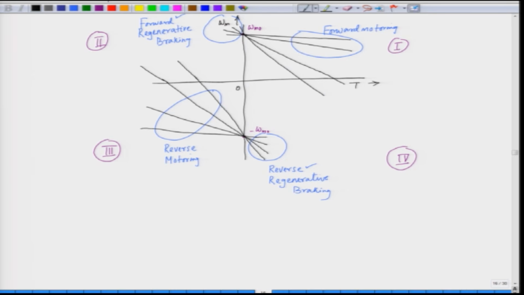So, this is plugging, but this part is called forward plugging. It lies in the second quadrant. It means the speed is positive, hence we call this forward plugging. This part of the characteristic, for which the speed is negative, we call reverse plugging.